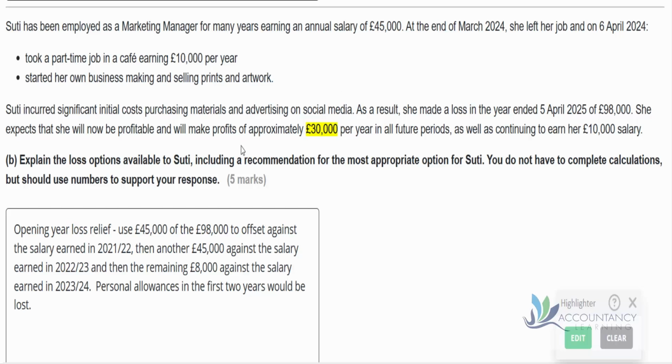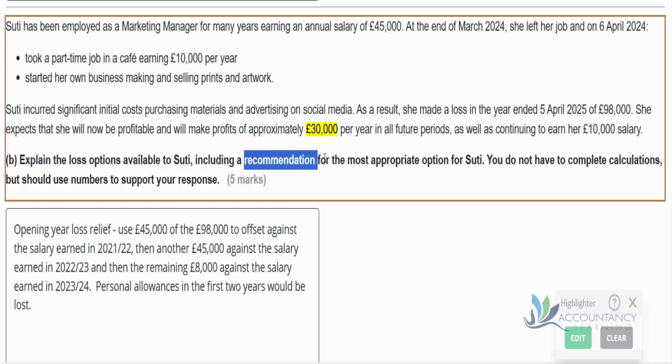Now the question is asking for a recommendation, so we need to choose which of these we would prefer. Well, it really depends on what Sooty wants to do. It's similar to the company. If Sooty wants cash quickly, then the opening loss relief will be good because she'll get refunds for any tax paid in the prior 3 years.